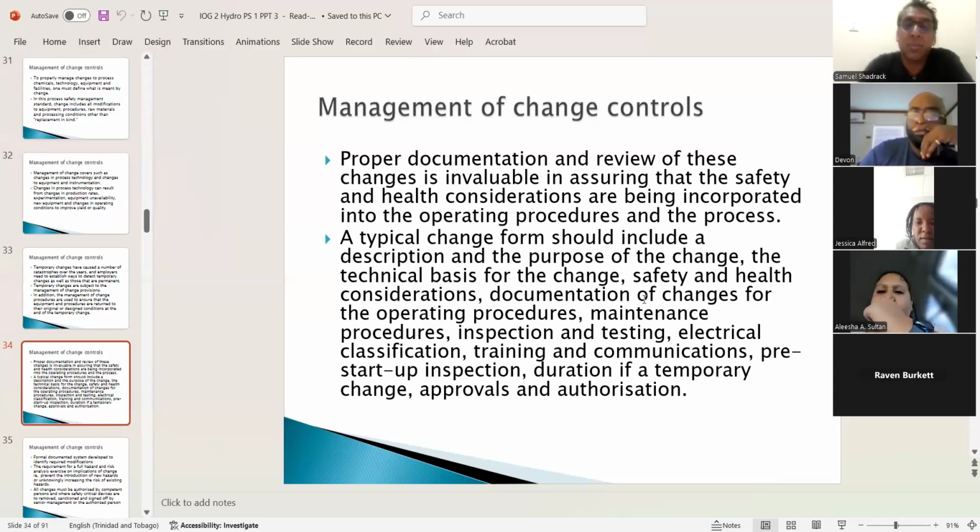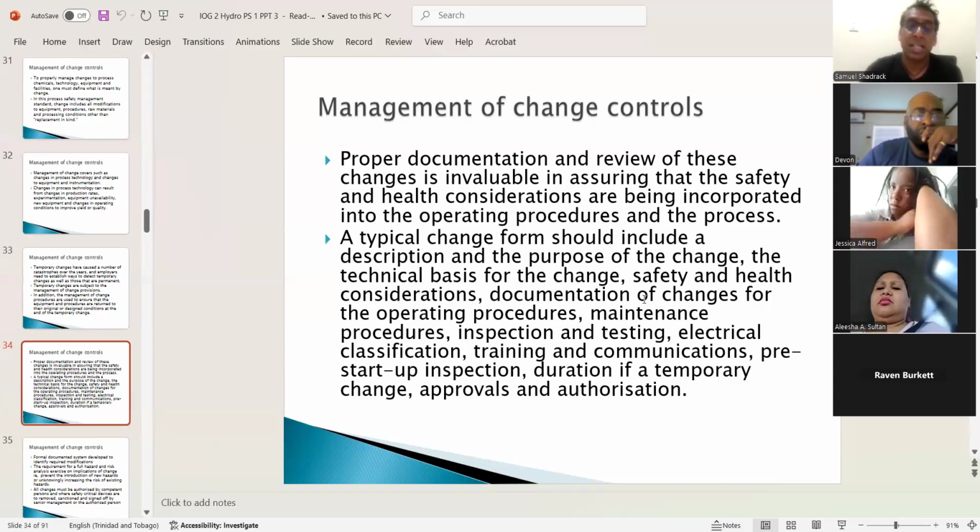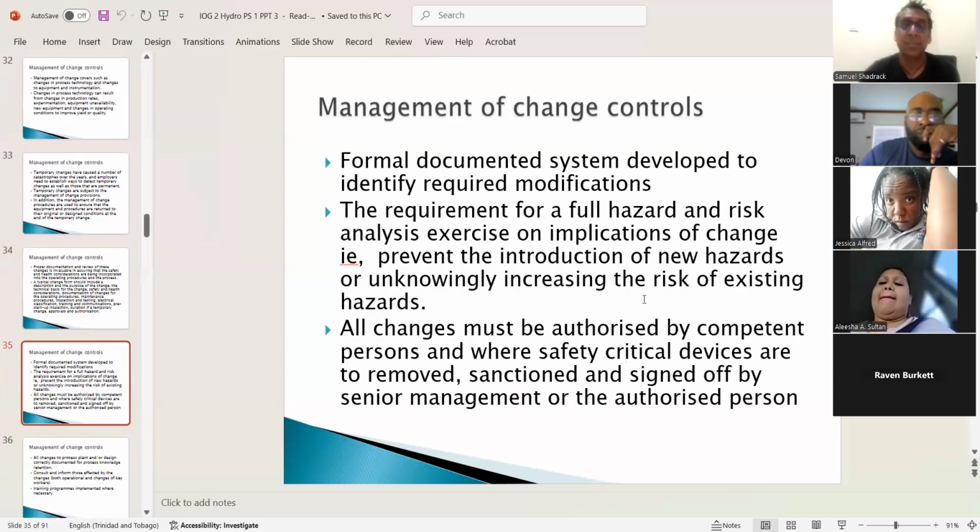A typical change form should include a description of the purpose of the change, the technical basis of the change, health and safety considerations because of that change, documentation of changes for the operating procedure, maintenance procedures, inspection and testing, electrical classification, training and communication, pre-startup inspection, duration, and if a temporary change, approval and authorization.